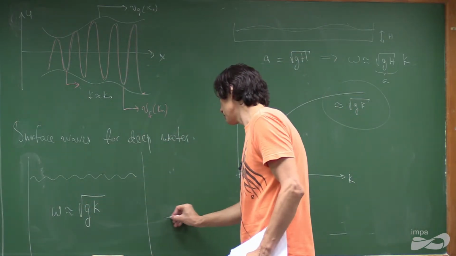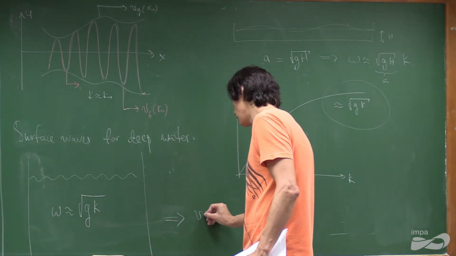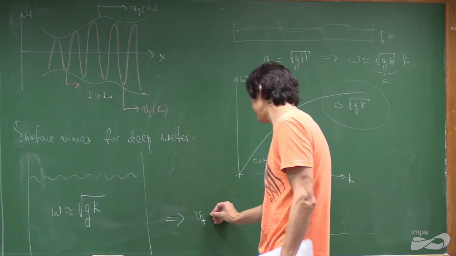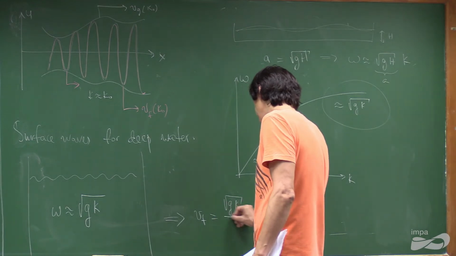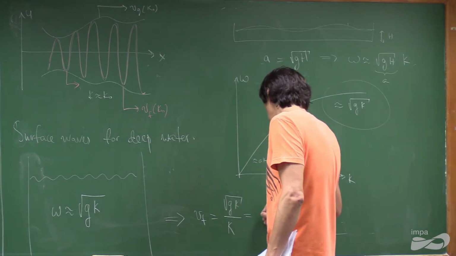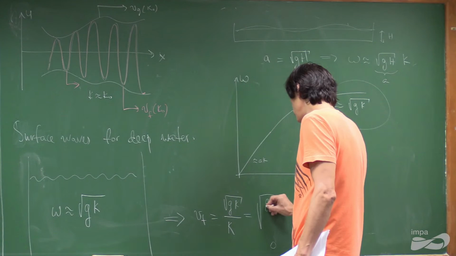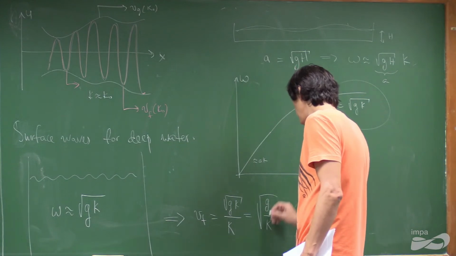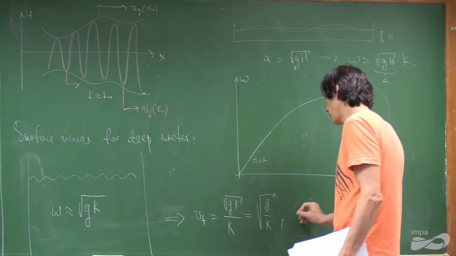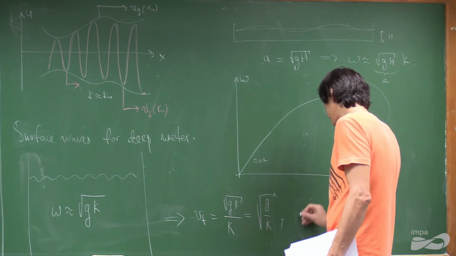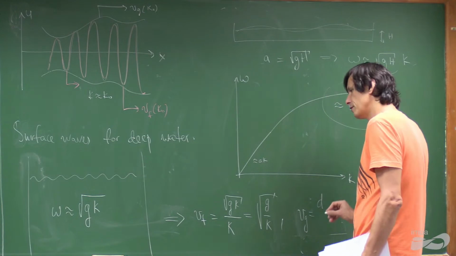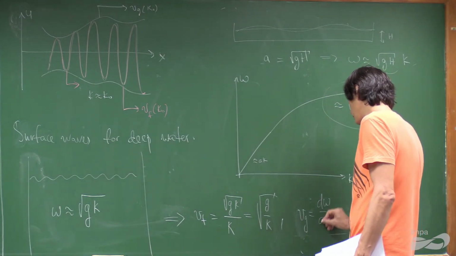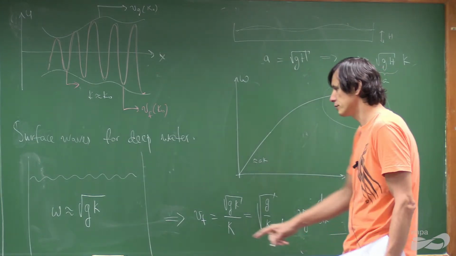So that means in the deep water, the phase speed is square root of gk divided by k, which is square root of g divided by k. So this is phase speed, and group speed, which is d omega dk, the derivative, and the derivative gives you 1/2.